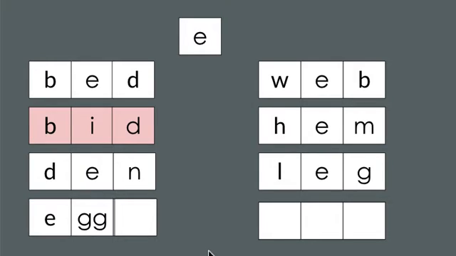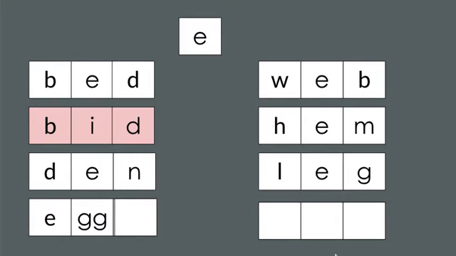What's the word? Fed. Go ahead and stretch the sounds and write the word. Fed. Does fed say like egg? Yes, it does.